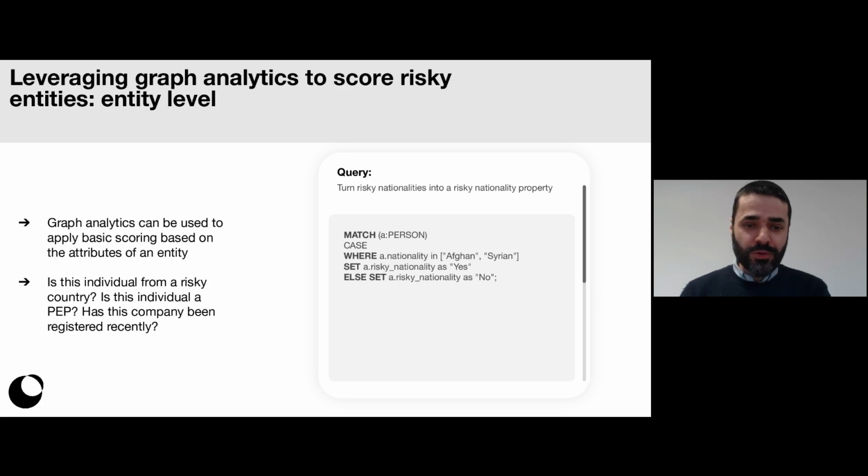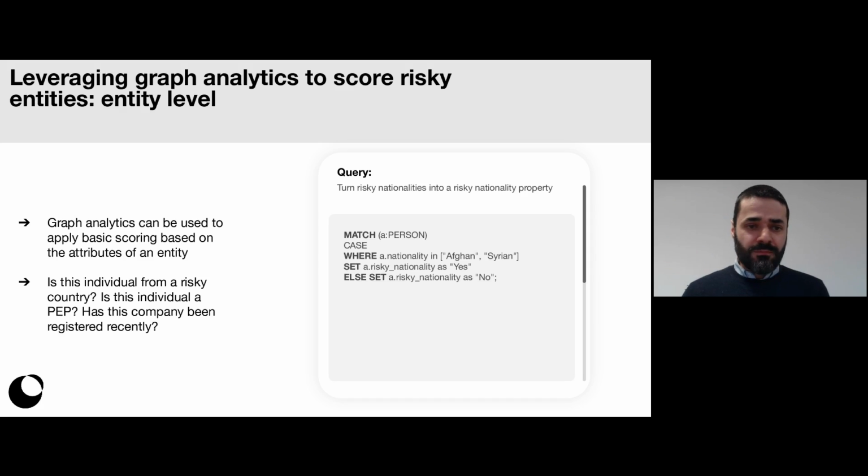We see that we have a person, and when that person has a nationality that belongs to the list of Afghan and Syrian, we add a yes to the risky nationality attribute of that person. That can help identify whether an individual is from a risky country, or if an individual is a PEP, or if a company has been registered recently or not.